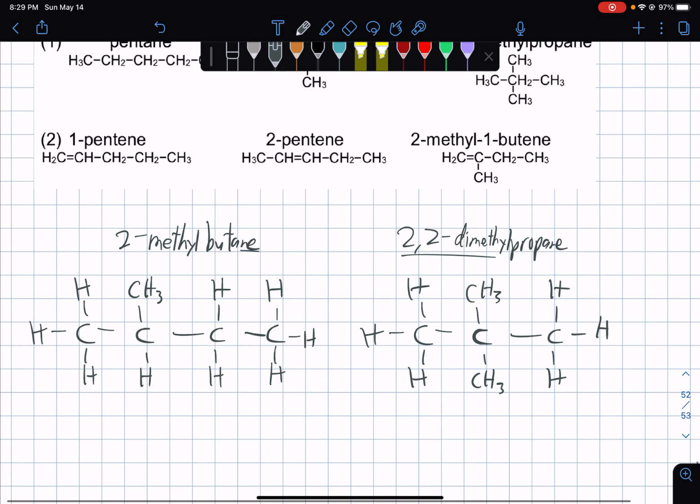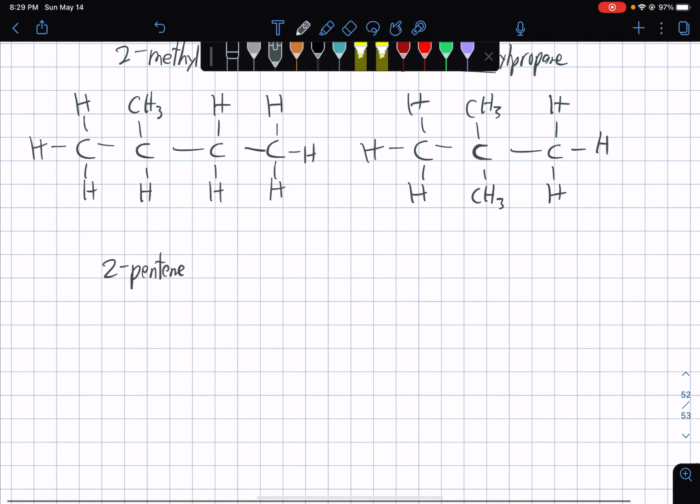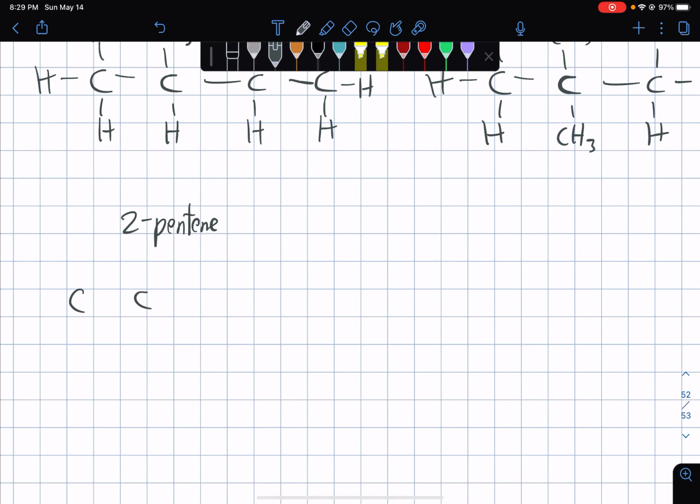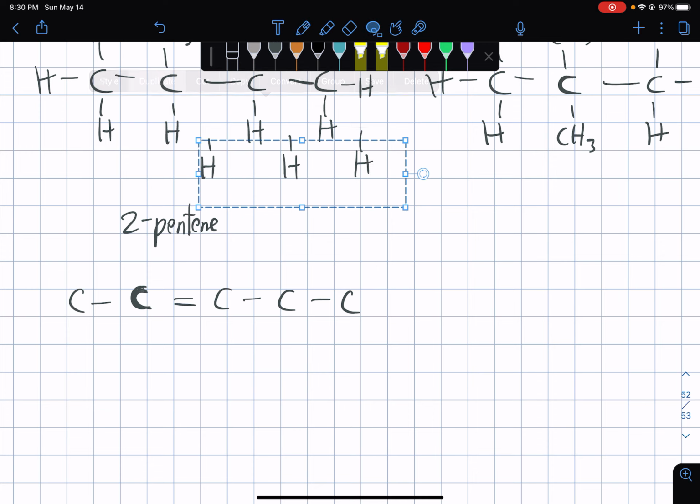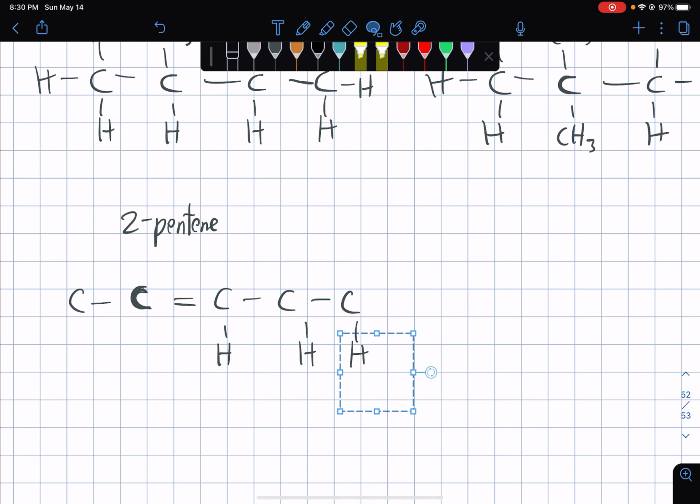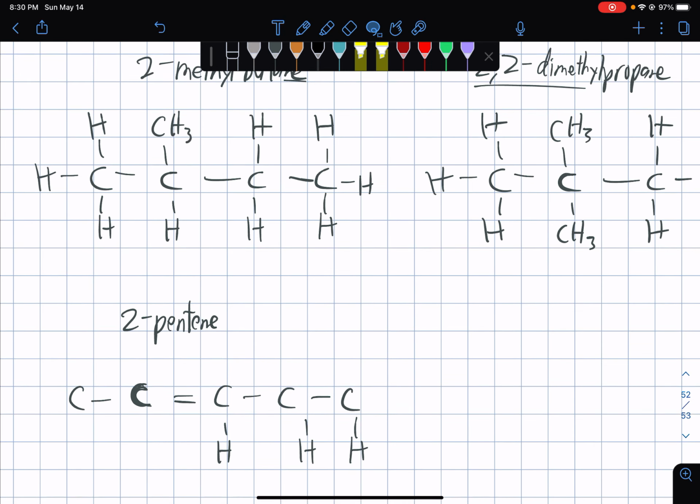Let's try 2-pentene, this one. Pent is 5 carbons, so 1, 2, 3, 4, 5. And then let's say this is the second carbon, so we put the double bond there. You know what? Yeah, never mind. I just place the hydrogens that way, and there we go.